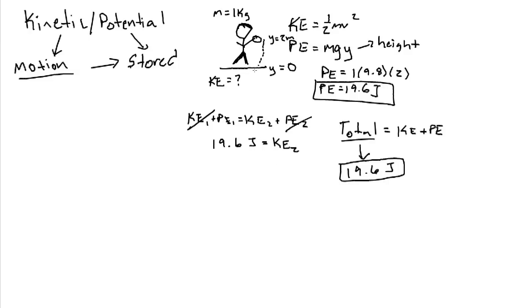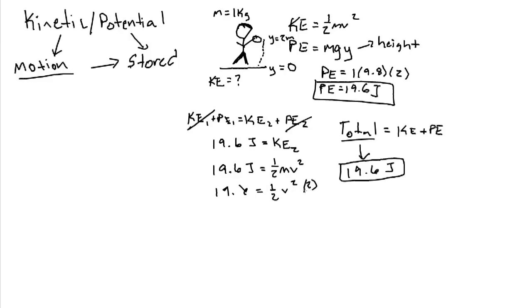Now, let's say I wanted to know the velocity of the ball right before it hit the ground. Kinetic energy is just 1/2 mv squared, so I substitute that in and solve for velocity. My mass is 1, so 19.6 equals 1/2 times 1, which is 1/2 v squared.